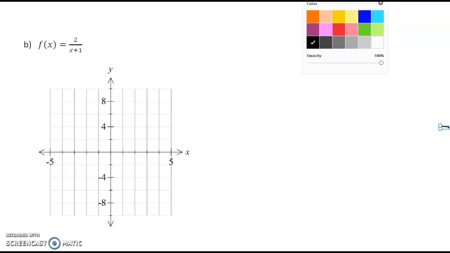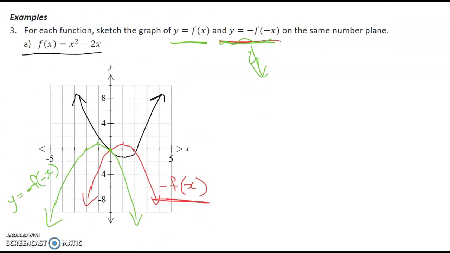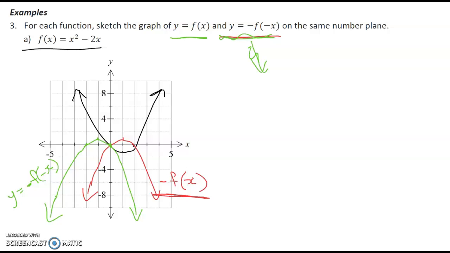Okay, so in the previous video we were looking at different functions where we reflected them in the x and y axis, and we saw that with the function x squared minus 2x, when we reflected that in the x-axis, we got this red function, and the y one reflects it in the green function there, when it's reflected in the y-axis.